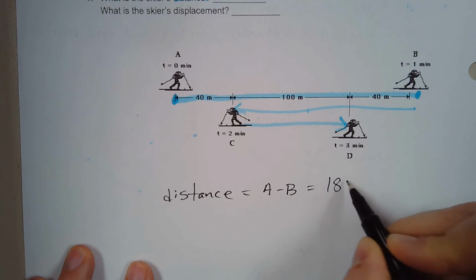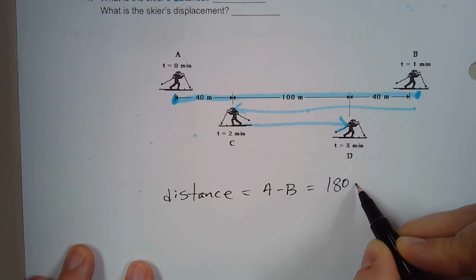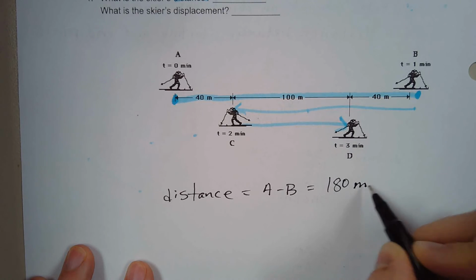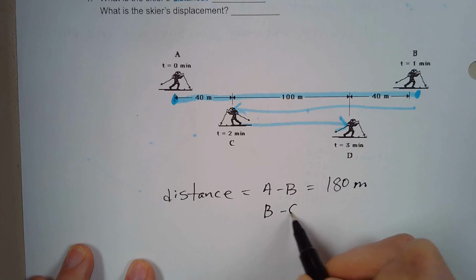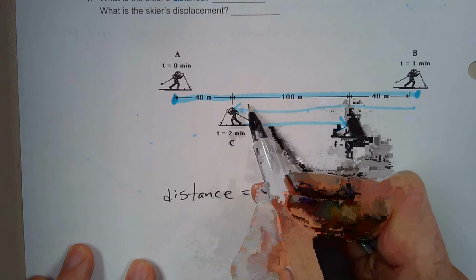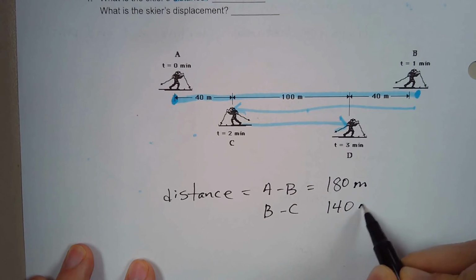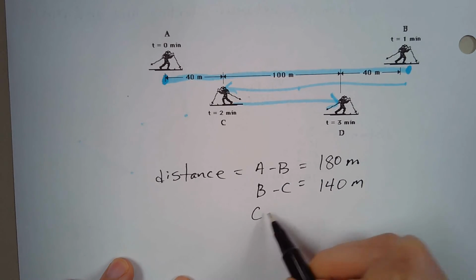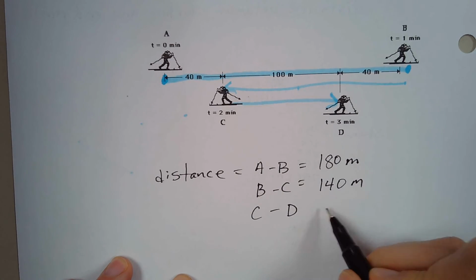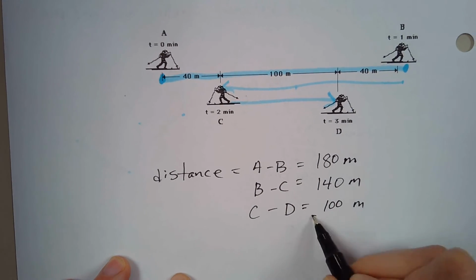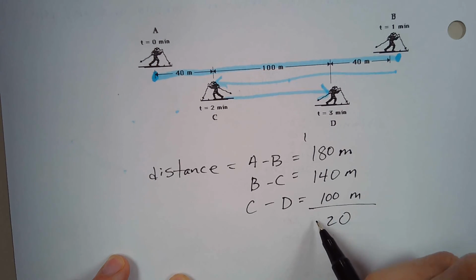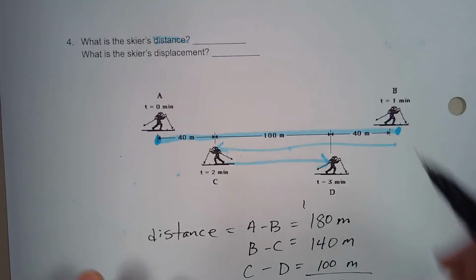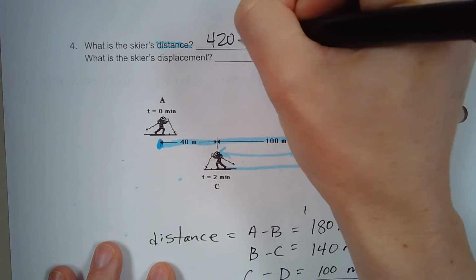So that's 180 meters. Okay, and then from B to C, so that's 40 and 100, which is 140. And then from C to D is back 100 meters. So if you add that up, that's 420 meters. That is how far this skier actually went.